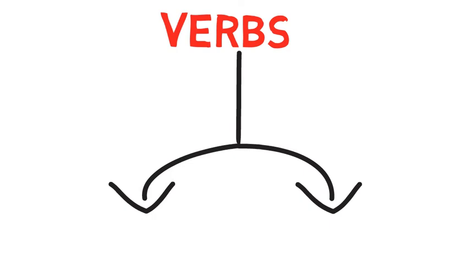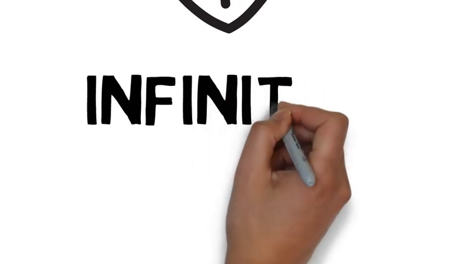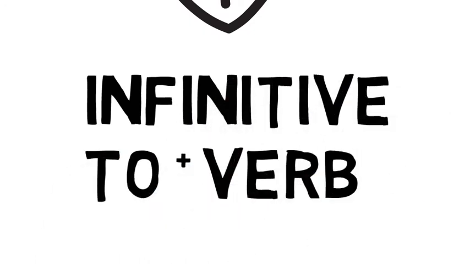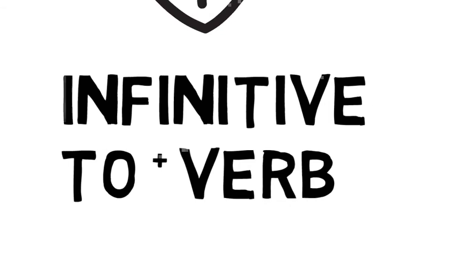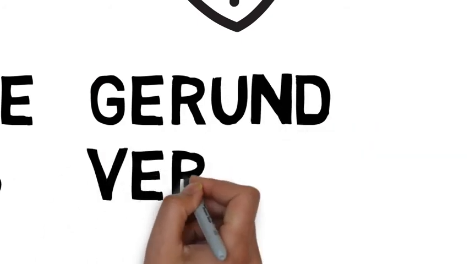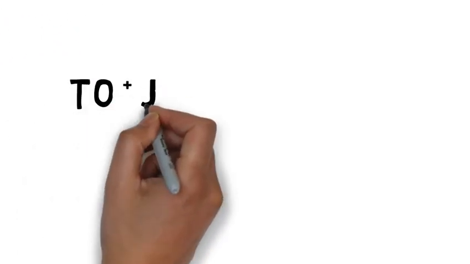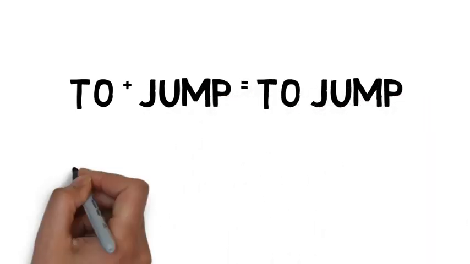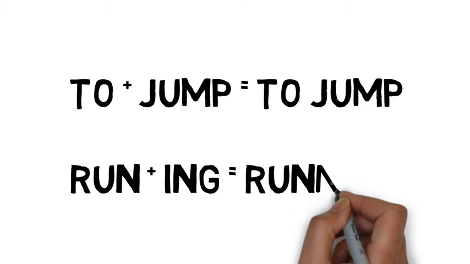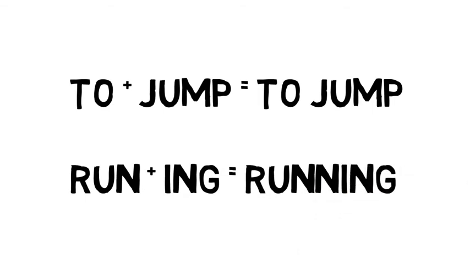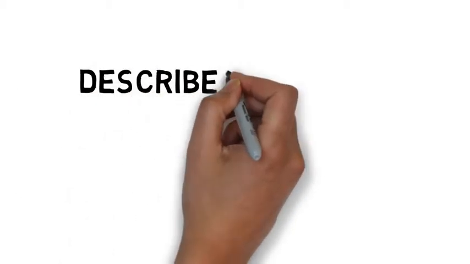If you add ing at the end of the base verb, then that becomes a gerund. But if you add to in front of the base verb, that becomes an infinitive. An example of a gerund is jump, and if you add ing to jump, it will give you jumping. And in the same way, if you add to in front of jump, it will give you to jump.